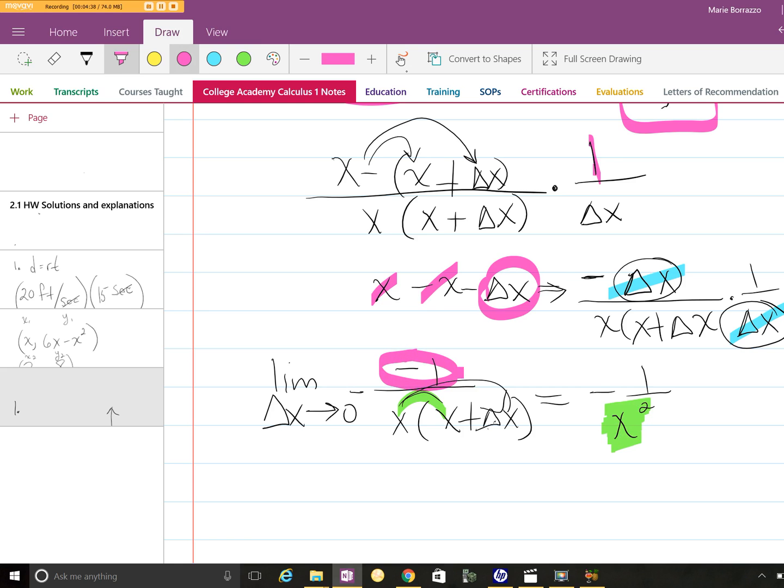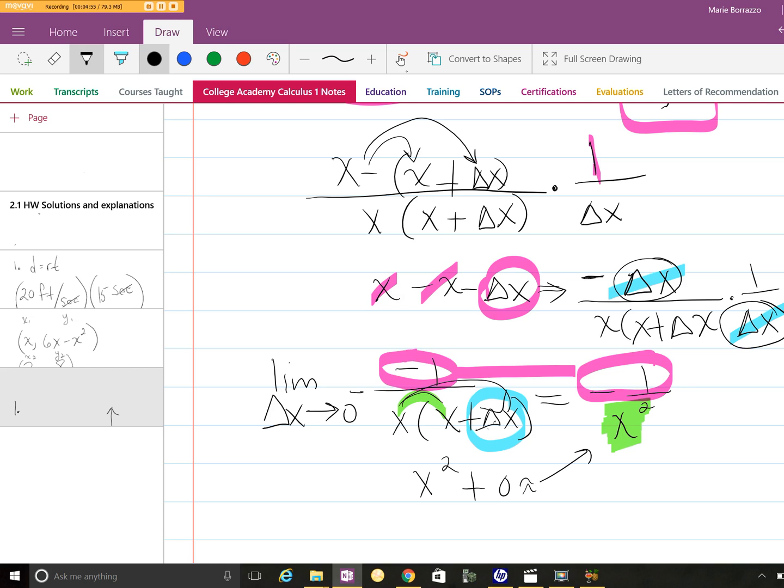All we're doing is bringing it over here. That's why, hence, negative 1. And if you recall, this part of the equation is approaching 0. So it's like changing this to x squared plus 0. Well, x squared plus 0 is just x squared. And so your final answer is negative 1 over x squared, and that's your limit for this particular function.